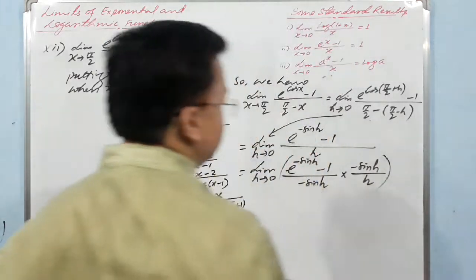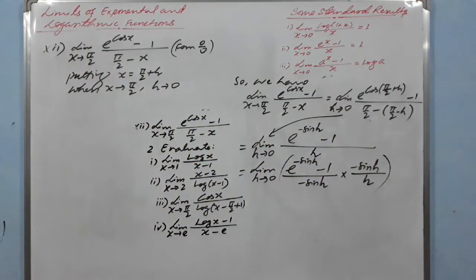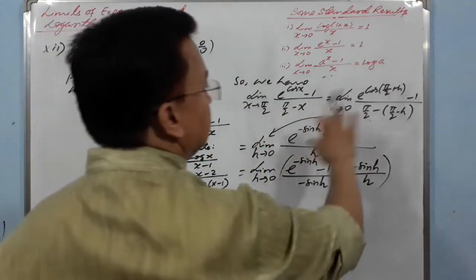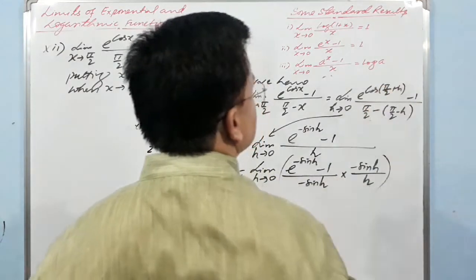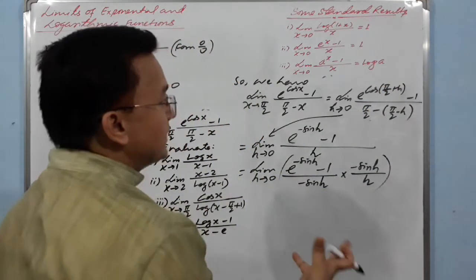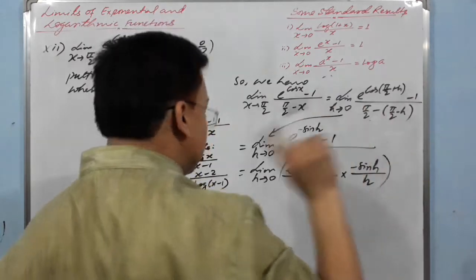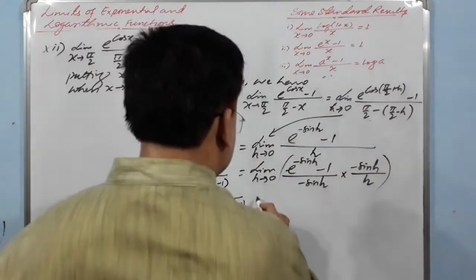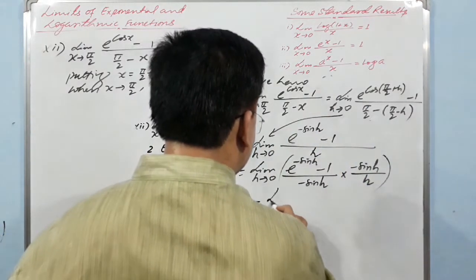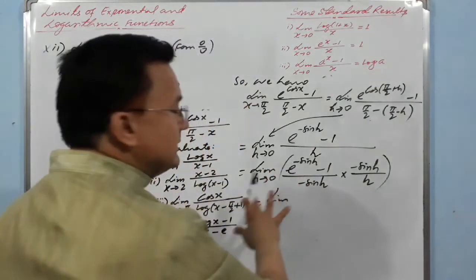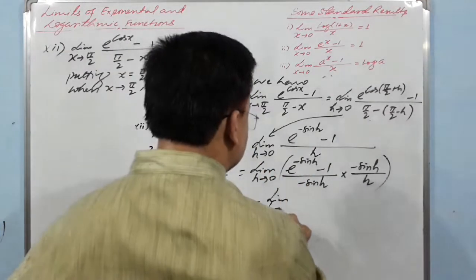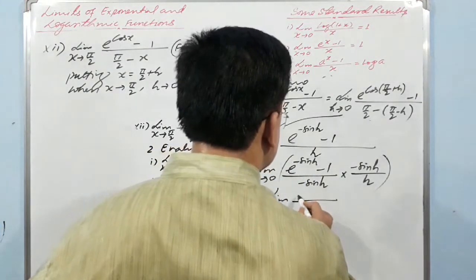You can do this type of arrangement, right? Cos 90 plus theta means minus sin theta, and sin 90 plus theta means cos theta, right? As h tends to 0, sin h tends to 0, so whether you write it or not, it doesn't matter.